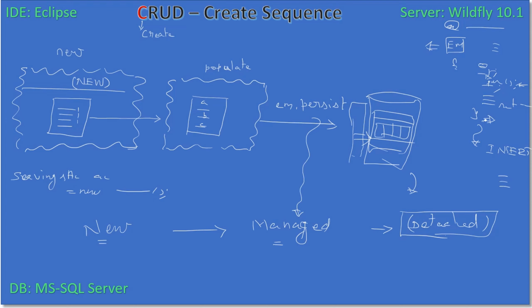After that, towards the end, the transaction will get committed by our entity manager. It will issue an insert statement and the record will get persisted, and the state moves from managed to detached. So new state, managed state after the persist, and after the transaction commits, detached state.